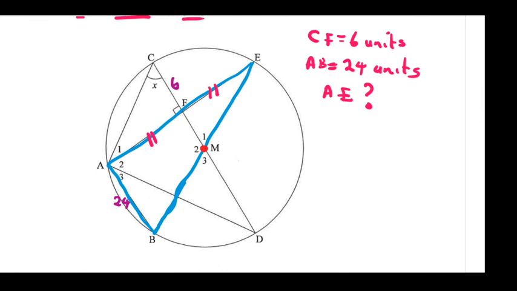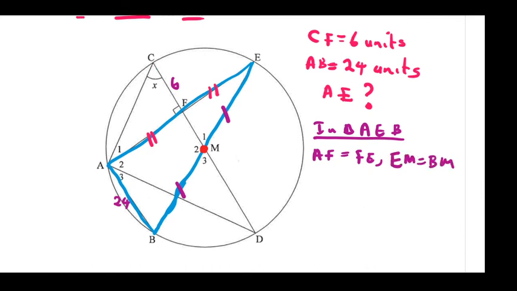We've proven that, and I told you that this is from theorem 1. And then this is the center, right? So if it's a center, this side is equals to this side. Why? Because it's a radius, right? Maybe you can write that down. You can say in triangle AEB, right, AF is equals to FE, and EM is equals to BM, right?